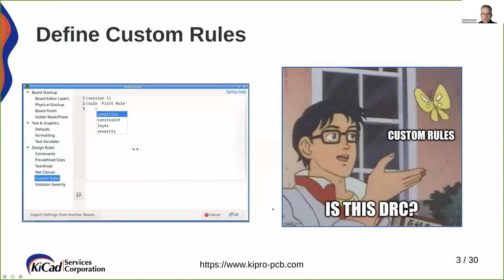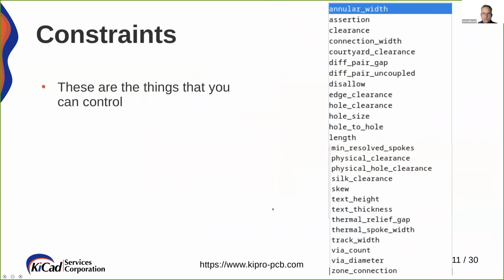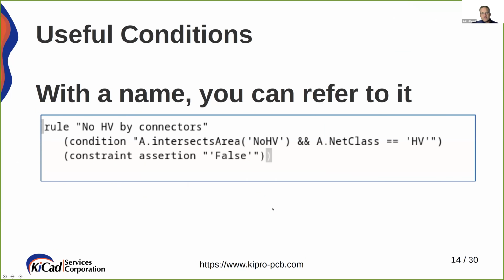So we'll go to here. In this example, you see right after we say rule, we have this string, no HV by connectors. Now, this is naming the rule. It's completely optional. You don't have to have it. But if you do have it, when you run DRC and this rule fails, DRC will show you this rule fails, and there'll be a red arrow pointer on your board saying this is where the rule failed.